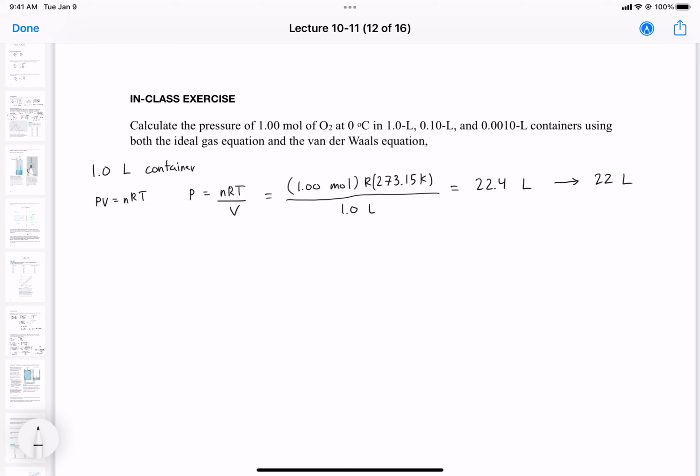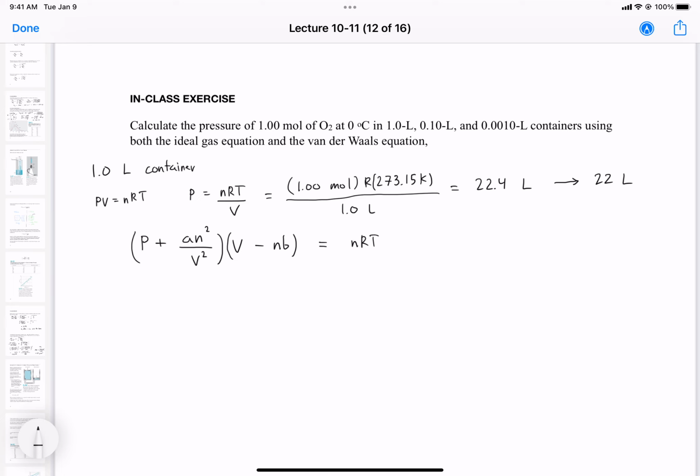So we have P plus an squared over V squared, times volume minus nb, equals nRT.